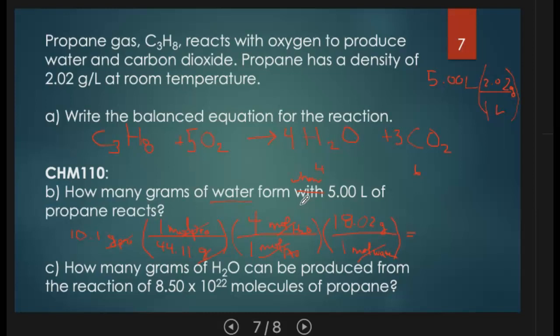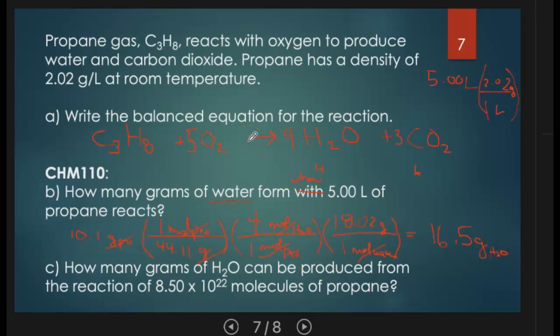So we have 10.1 divided by 44.11 times 4 times 18.02. We get 3 sig figs here, and so our final answer will be 16.5 grams of water.